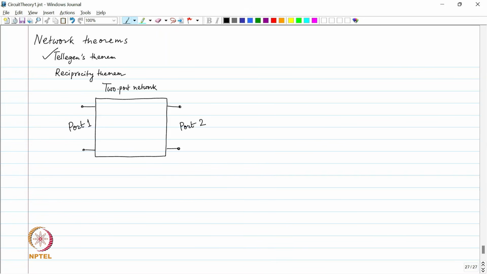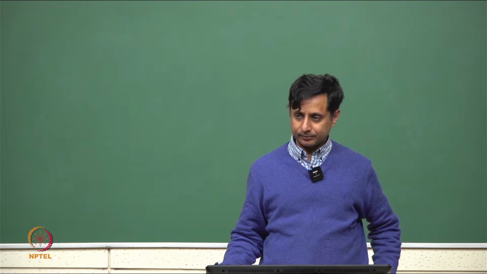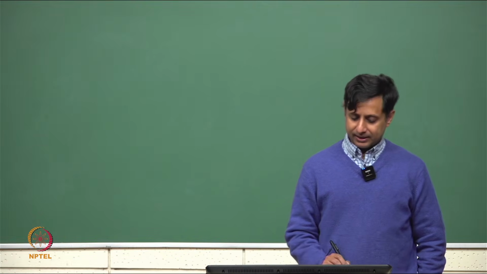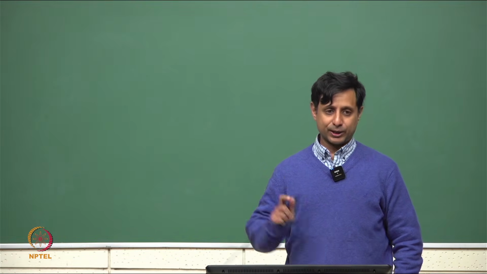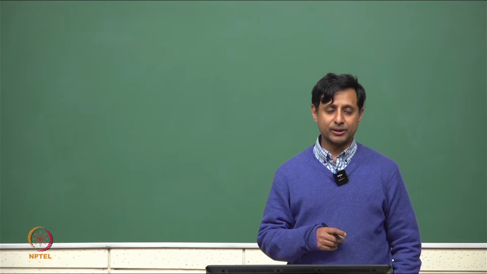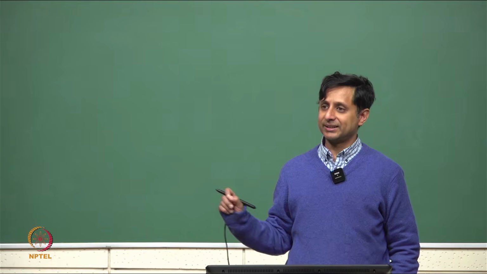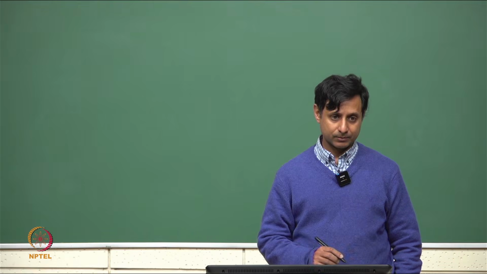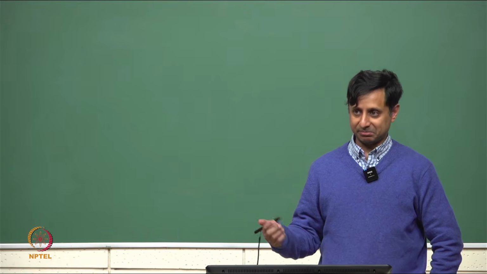So far so good? All right. What is inside the two port network? We do not know. Now, we are going to make some qualifications, because the reciprocity theorem is valid only in certain cases. It is not valid all the time.